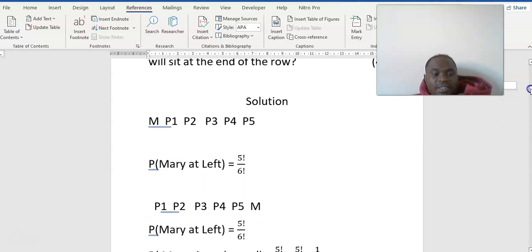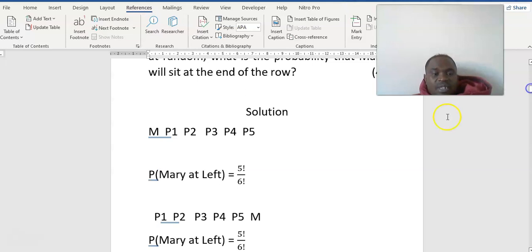First, let's deal with the situation where Mary sits at the end of the row on the left. So you don't count that place, it stays. You are going to have 1, 2, 3, 4, 5.